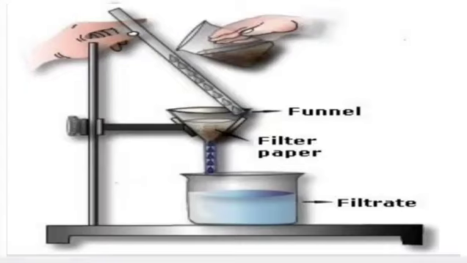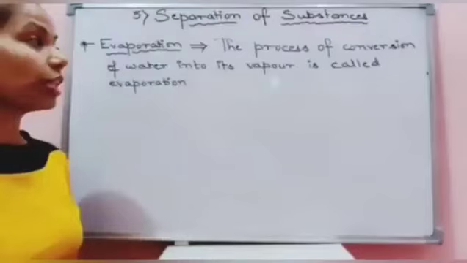When you pour the impure water, what happens? The water gets collected in the beaker which is kept under the funnel. This is clean water, and the impurities remain on the filter paper. In this way we can separate impurities.